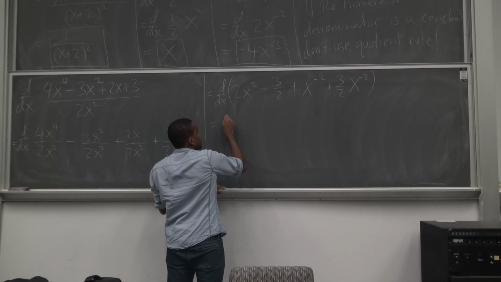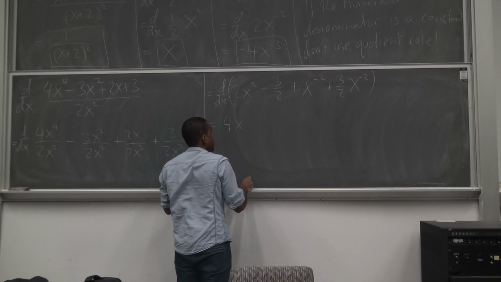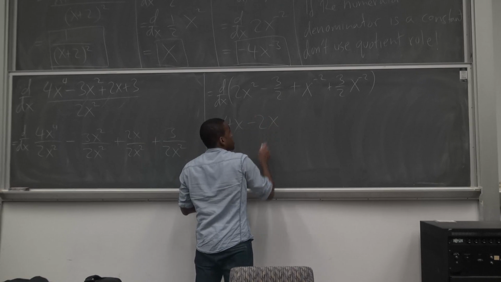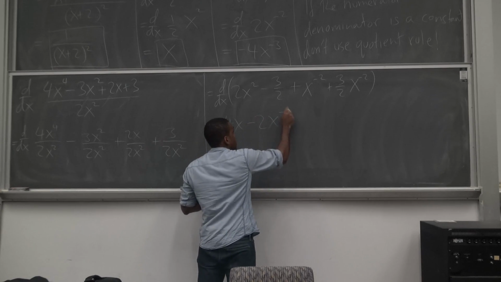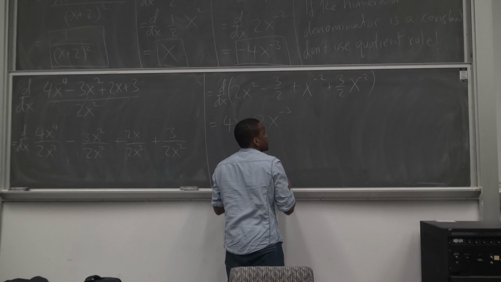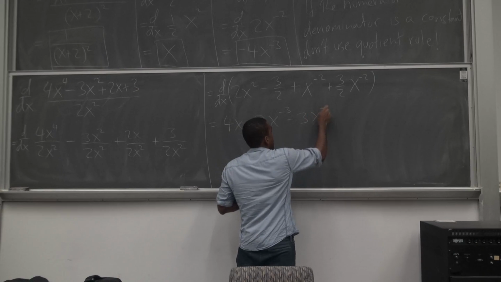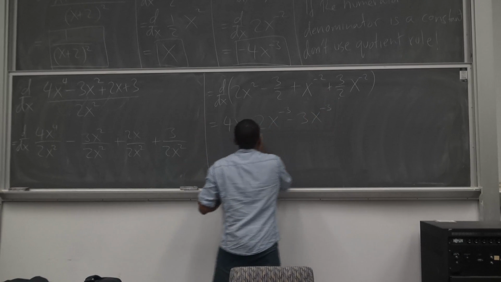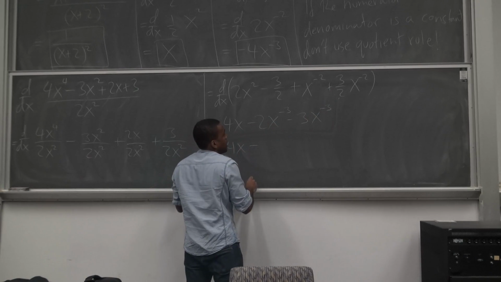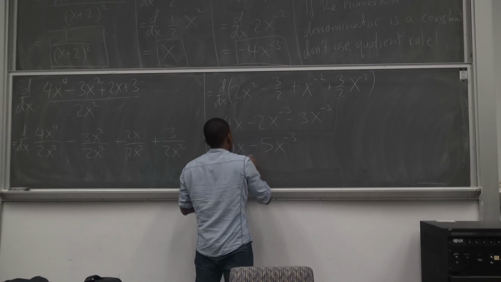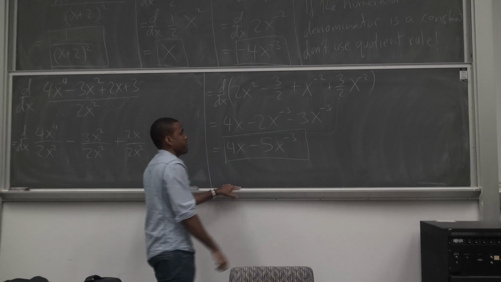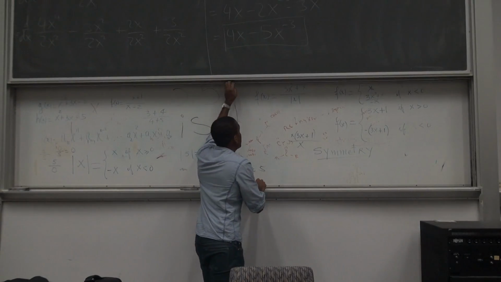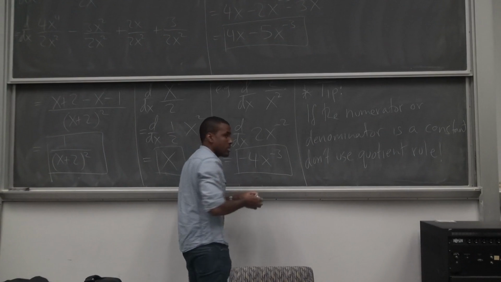So this becomes, negative third power. And we could actually combine those. Let's combine those. So this is just 4x minus 5x. It's not so bad, right?